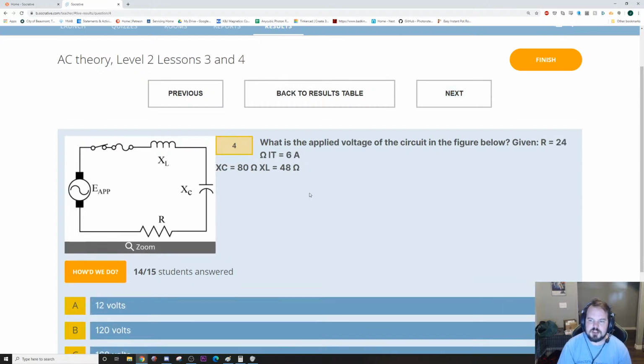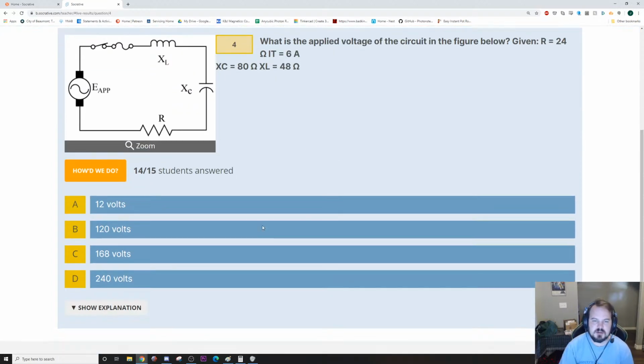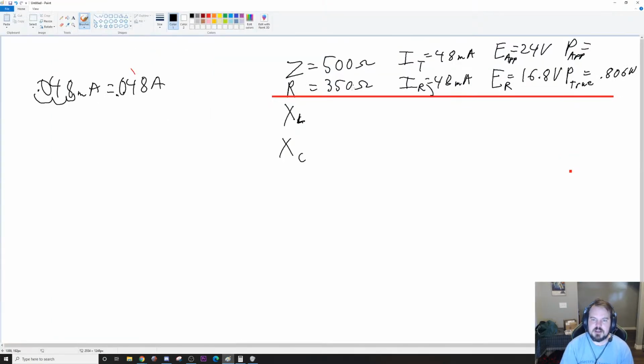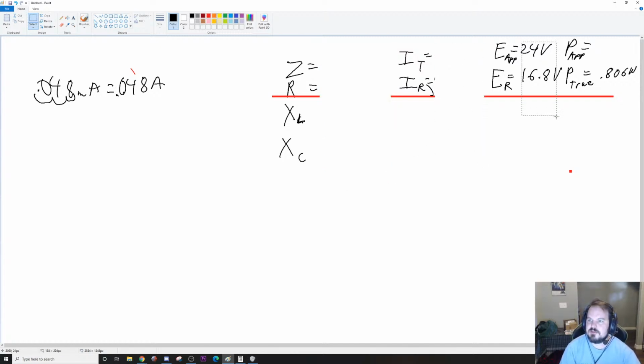What is the applied voltage of the circuit in the figure below? Given R equals 24 ohms, I total is 6 amps, X of C is, what's the applied voltage? Okay, so they're actually asking you to do something here. So let's go back here, clear out the old stuff, make room for the new stuff.